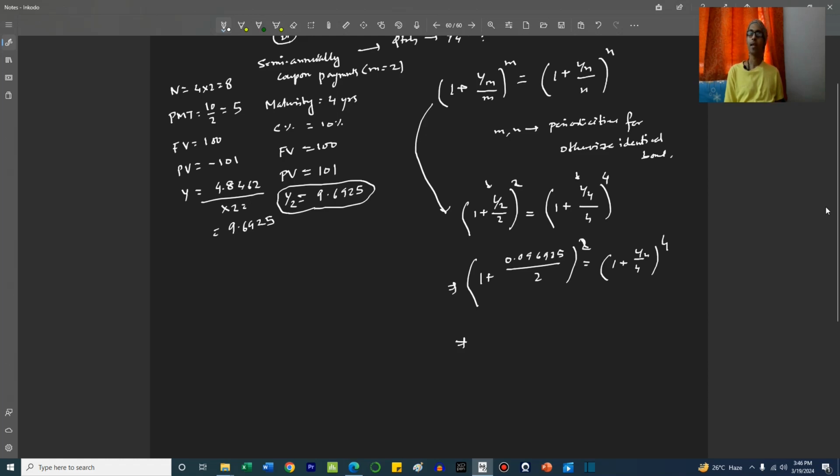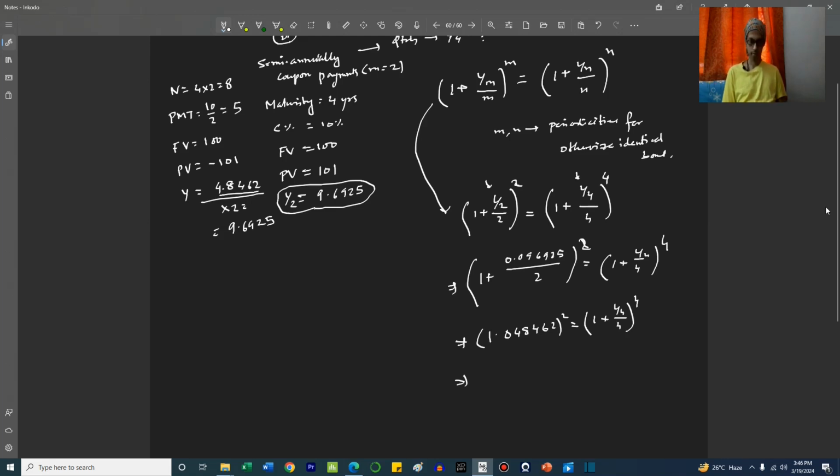This basically means this periodic value, so we just use this: 1.048462 squared is equal to (1 plus y4 by 4) to the power 4.